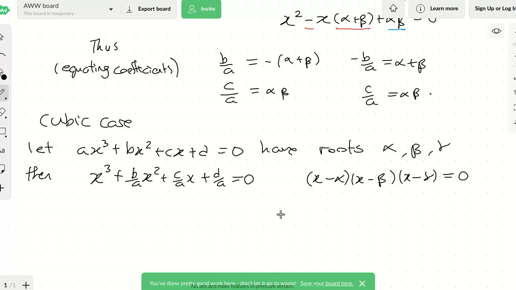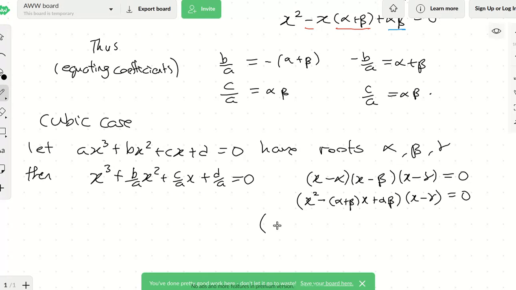And once again, all I'm going to do is multiply out the brackets. Now, I've already done this first one. I might as well use the result up here and say that's the same as x squared minus alpha plus beta times x plus alpha beta. So I'm just multiplying out the first two brackets there. And then I'm going to multiply all of that by x and then multiply all of it by negative gamma.